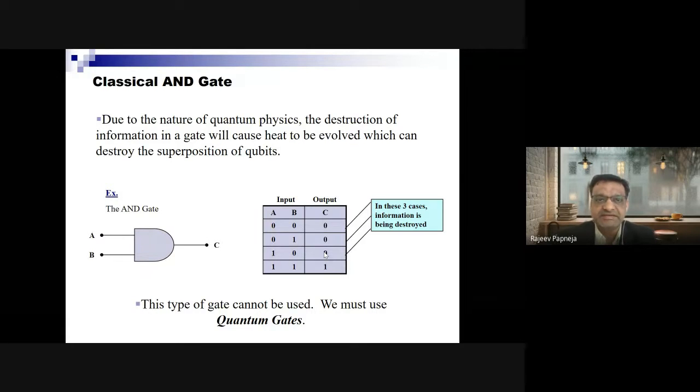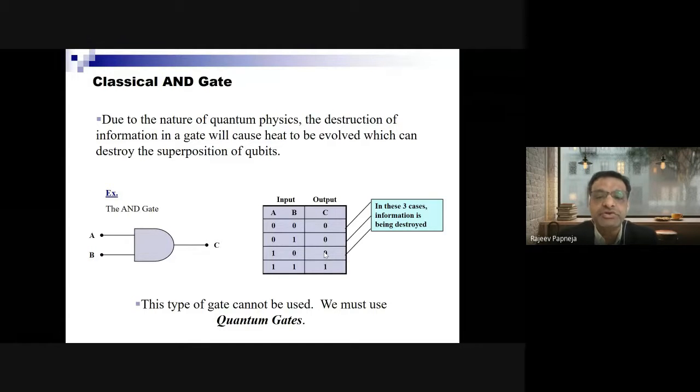Because of the heat, the state of those quantum bits will get altered, creating errors or creating wrong answers. So this type of classical gate cannot be used in quantum computing. This is the reason why classical gates cannot be used in quantum computing.